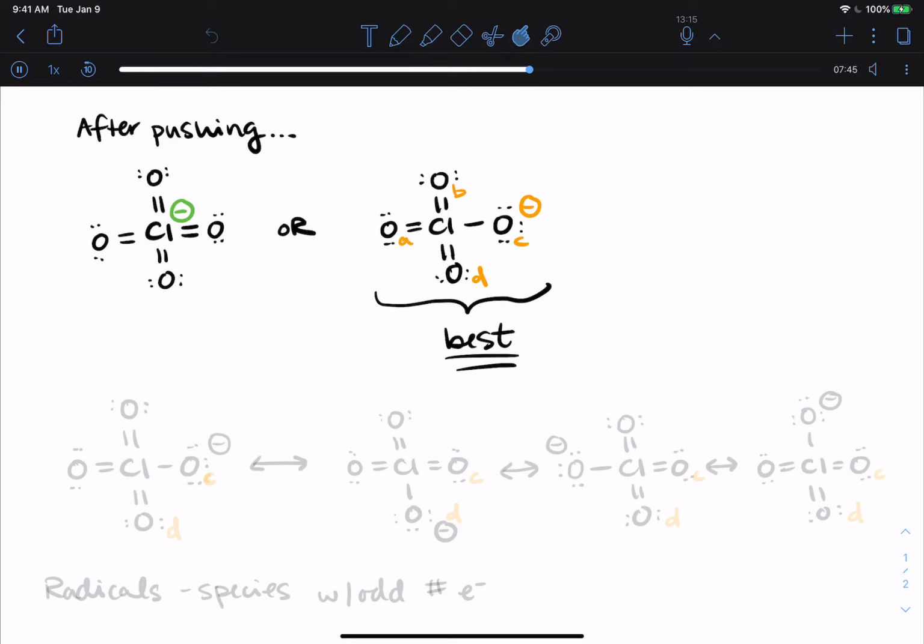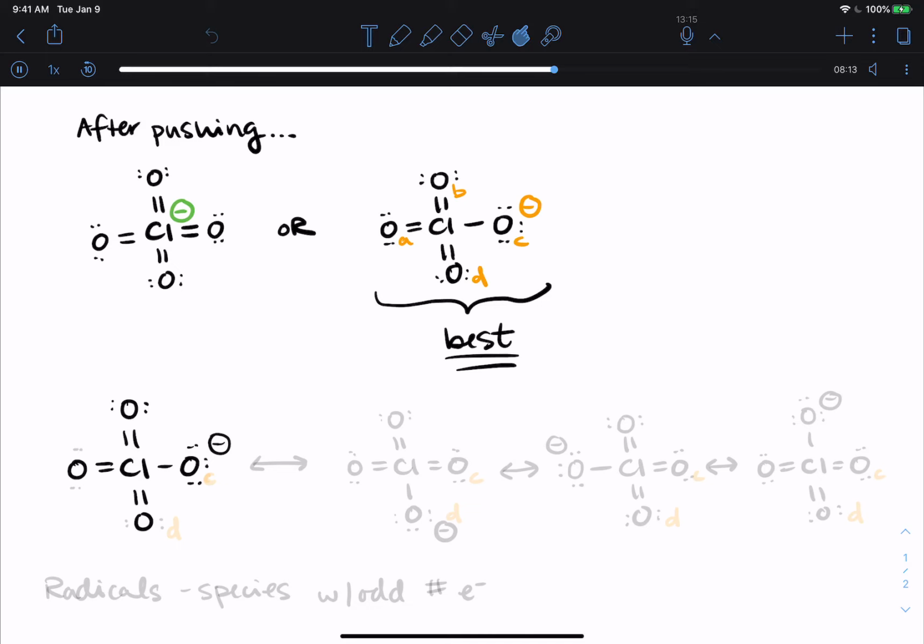So this structure is the best, but because I have a possibility of putting that single bond in any position, my real full answer here is that I'm going to start with this same structure that I already drew. Chlorine single bond to the oxygen on the right.